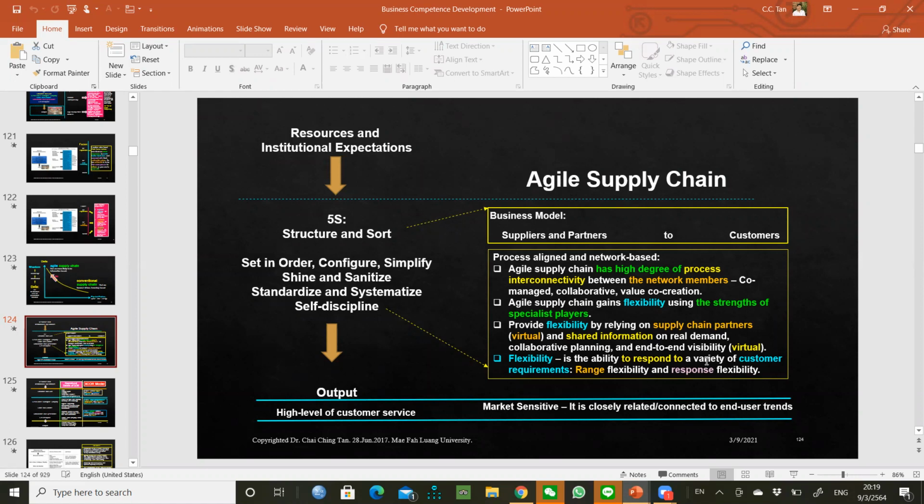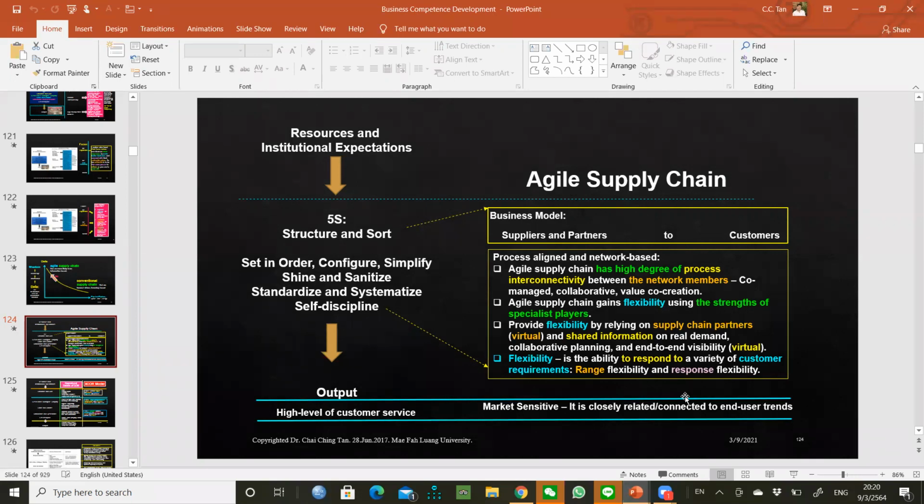And again, of course, flexibility would be one of the operations objectives criteria, right? We talk about a lot of objectives, and we will brief you again on different types of objectives, such as operations objectives in the sense of speed, quality, and responsiveness, and flexibility is the dominant characteristic of agility.